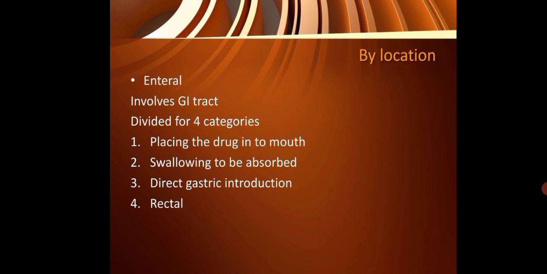When it comes to placing the drug in the mouth to be absorbed by the oral mucosa, we can all remember GTN, sublingual drugs, or buccal drugs. GTN treats angina. People who are having angina can be saved by GTN. We put the drug in the sublingual place for immediate action.